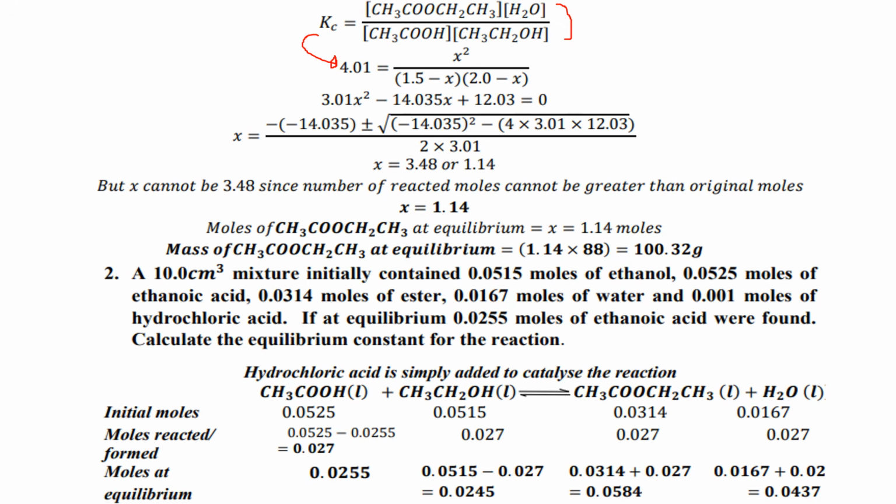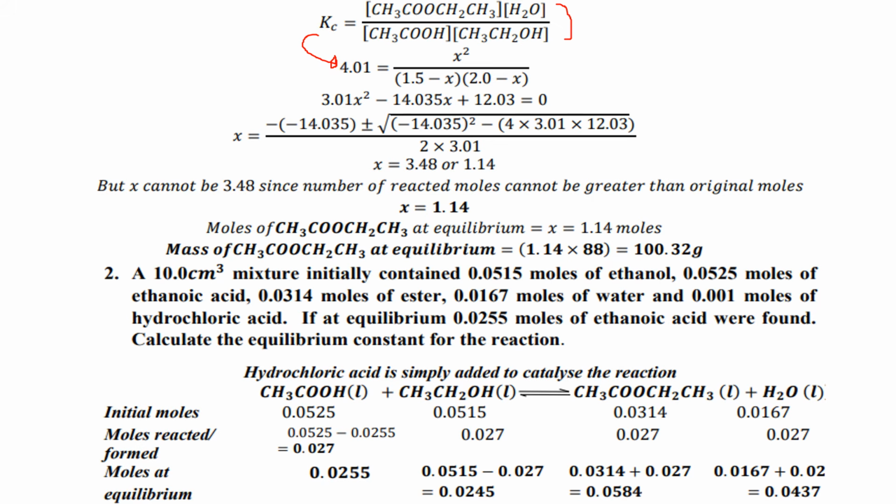But when the question specifies a volume used in the experiment, you have to divide the number of moles at equilibrium by that volume to get concentration. But if it doesn't, you consider the number of moles at equilibrium as your concentration. I hope that has been very clear.